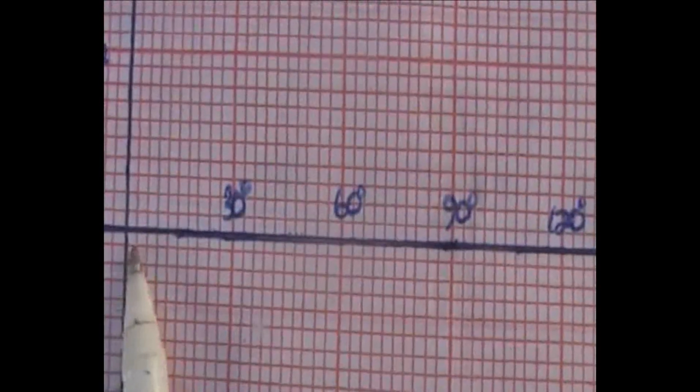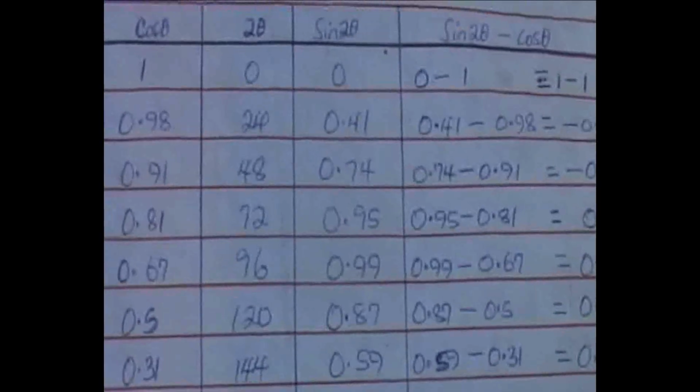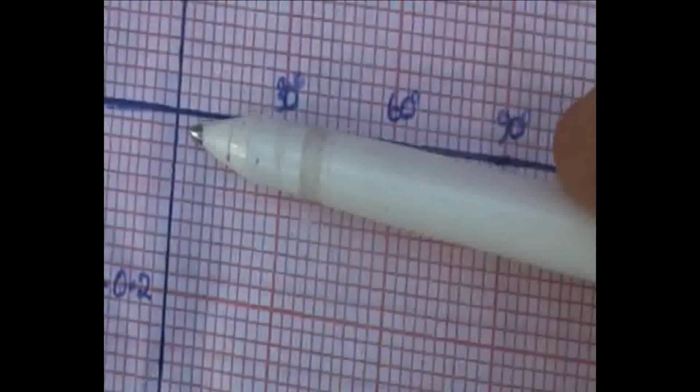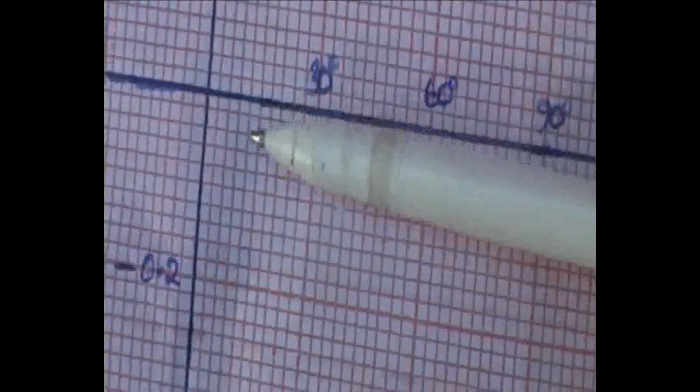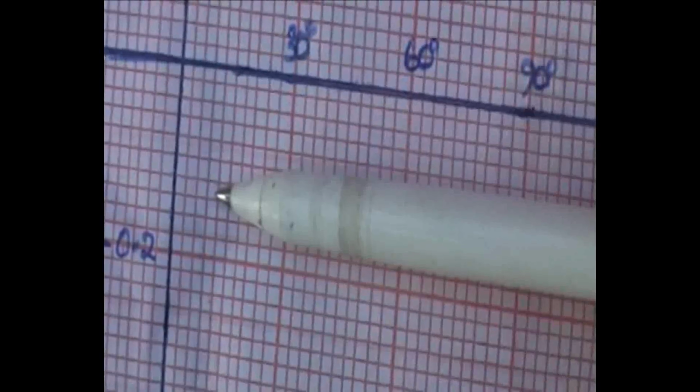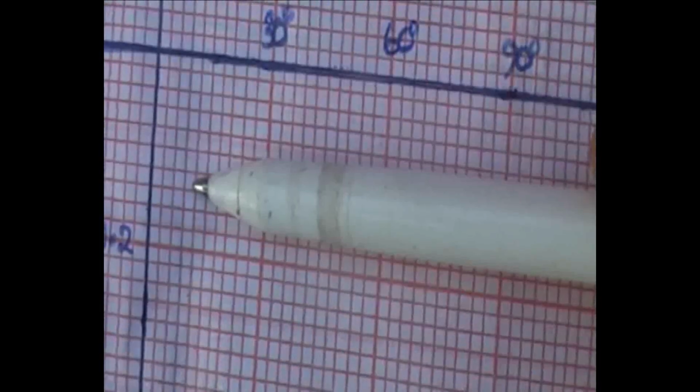So 12 degrees is now 1, 2, 3, 4 small squares, and we are to plot it against minus 0.57. So just go to the 4th small square, 1, 2, 3, 4, and trace it down.